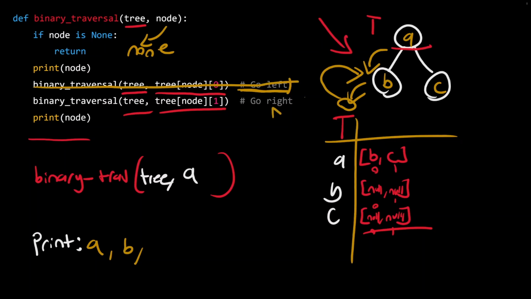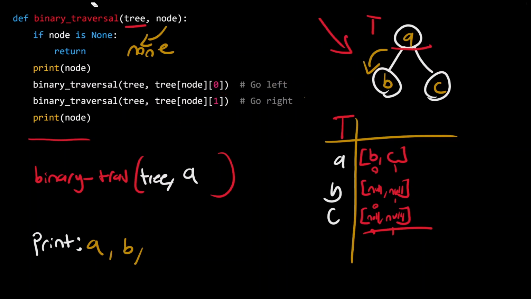Now we just have this right statement to evaluate. So from B, we're going to go to the right. And after we go to the right, there's nothing again, so we return. And after we return, we're finished with these two statements. And the only statement left is this print.